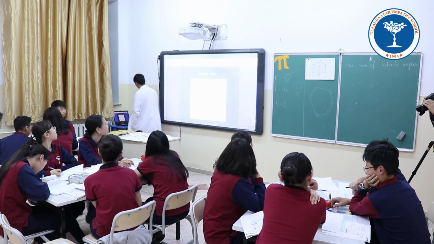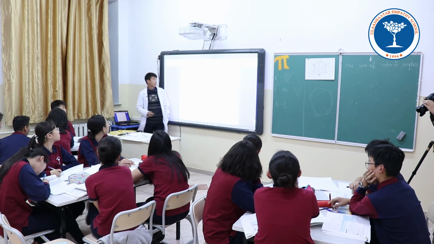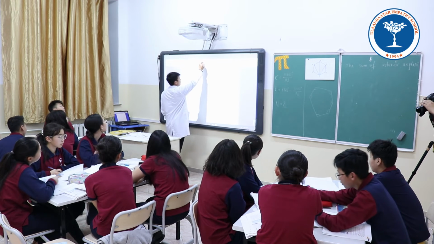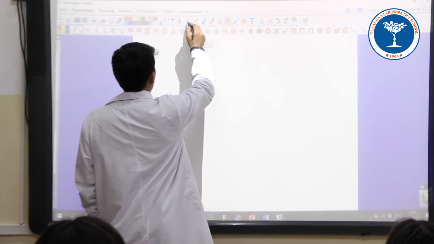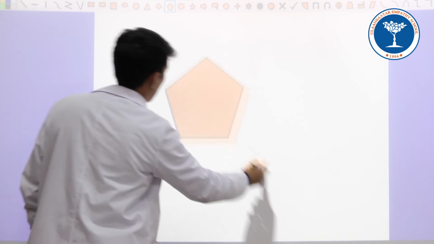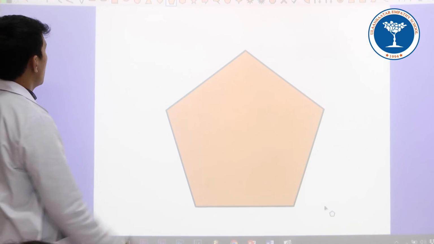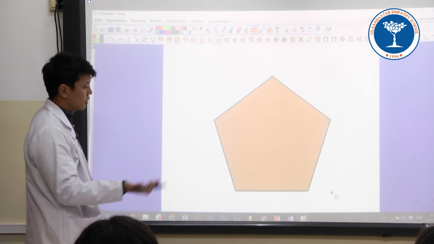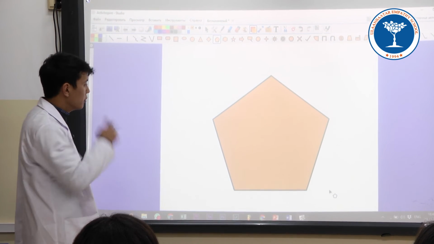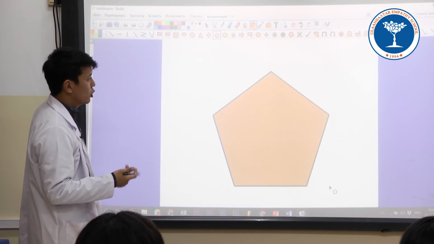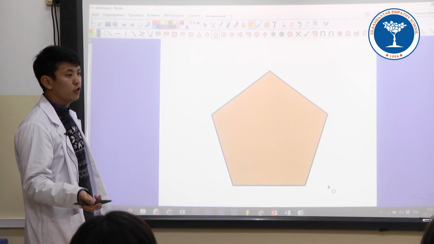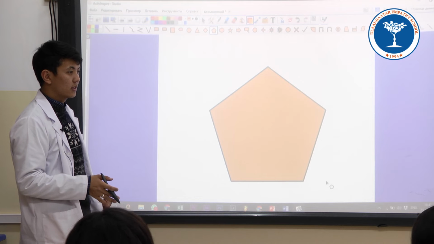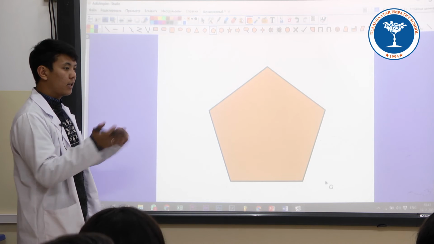Actually, we can build our own triangles here. Okay? This is our polygon. Let's assume that it's an irregular polygon. Now, we should divide it into triangles which, by the way, don't overlap. They stand side by side.